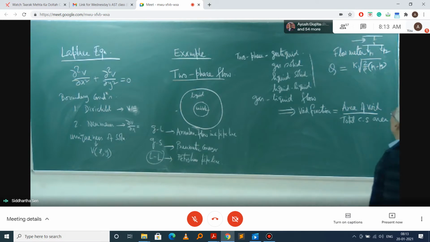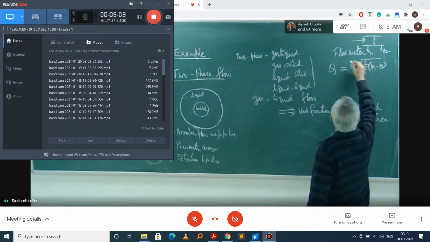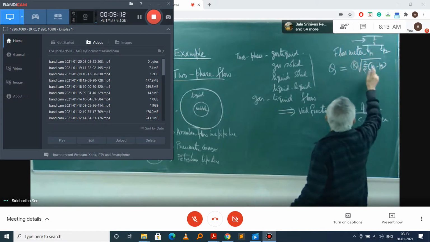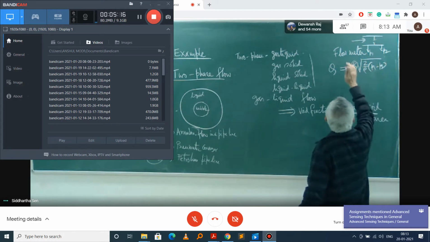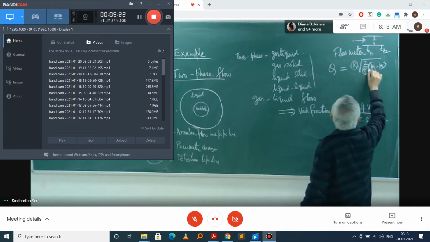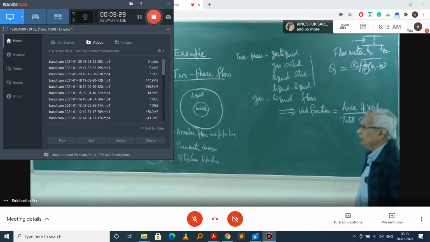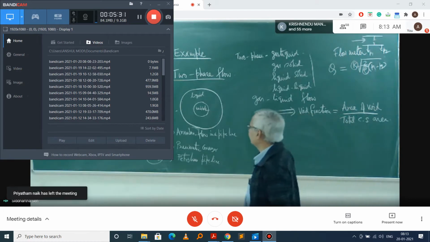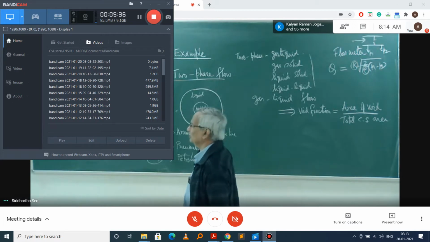Q is the volumetric flow rate, and this is some constant which includes the discharge coefficient and other things. If you measure P1 and P2 and take the square root, you can calculate the value of Q. But the question is that there is a rho factor, and rho is the density. If the flow is single phase, that means only liquid is there, I know the average density.